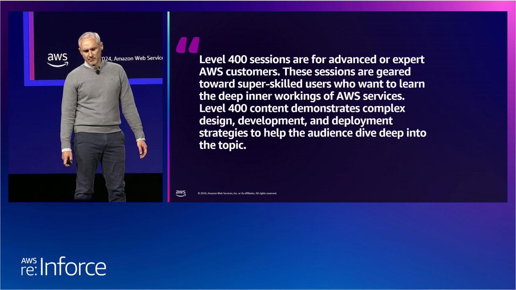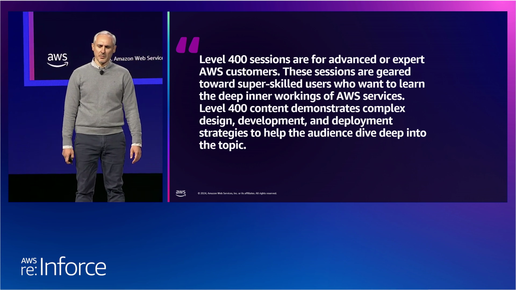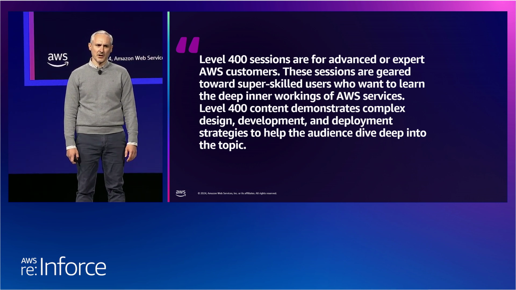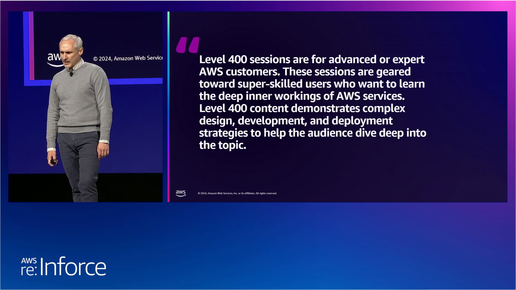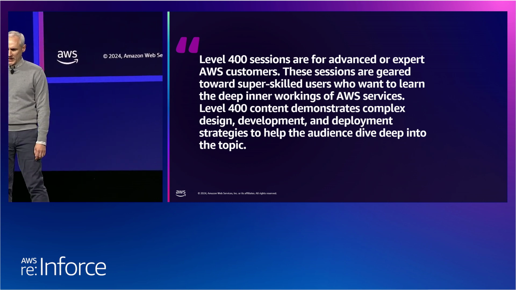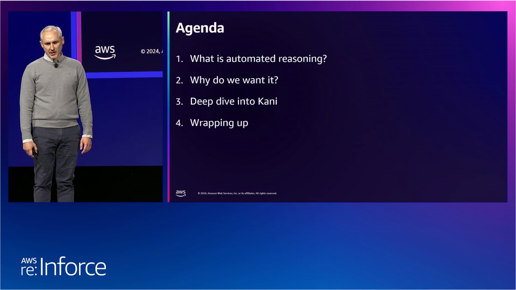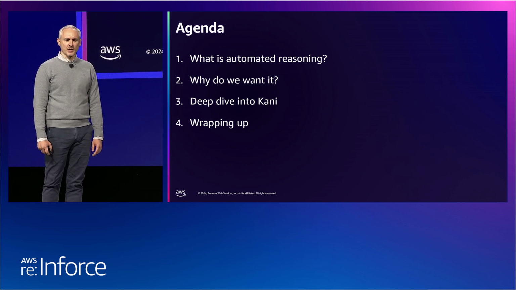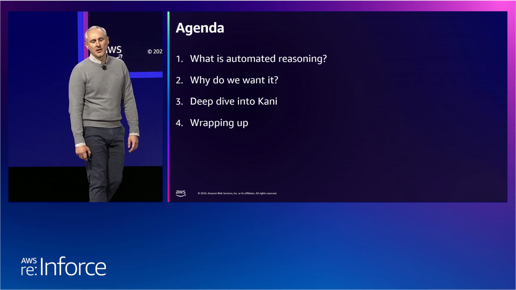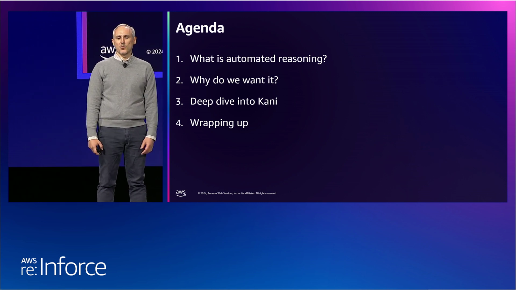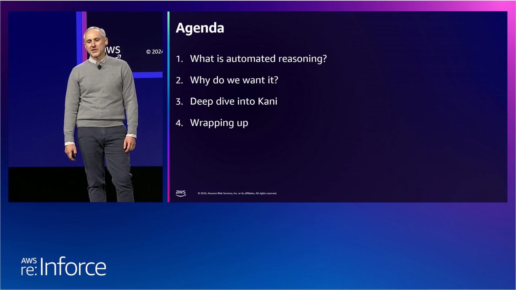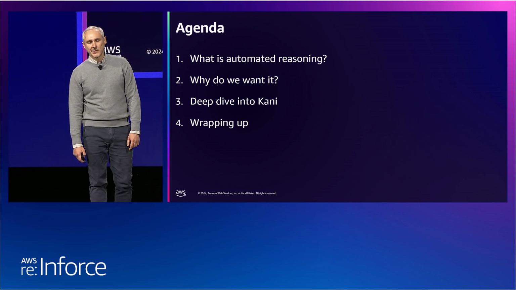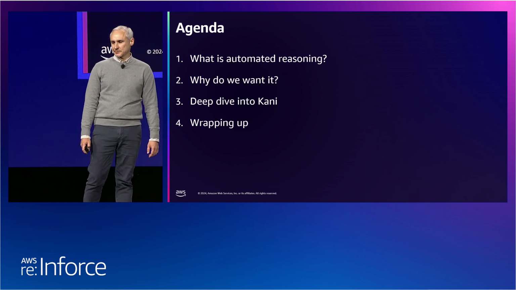If you're a manager who wants to know more about how you can improve the quality of the software you're developing, this is also the right place to be at this time. We're going to go over what is automated reasoning, why do we want it, what does it do for you when you use it. Then we're going to deep dive into the Kani verification tool, and then we're going to wrap up.